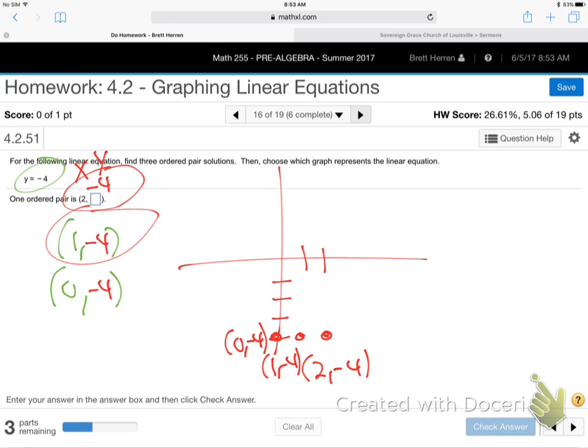And last step is always to play connect the dots. There's the line. We good? All right, I'll move.